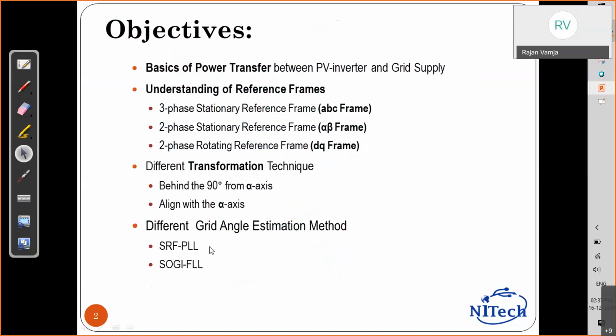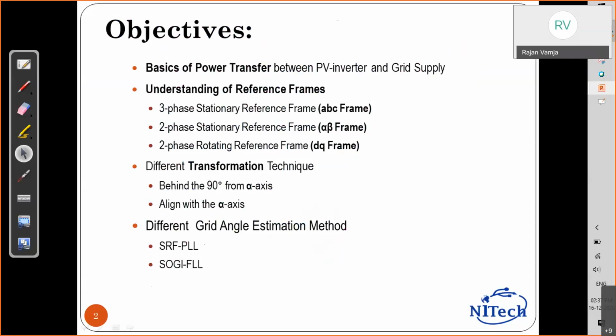There are many advanced techniques, but here we will demonstrate how we can implement powerful techniques like SRF PLL. It is a very generalized and very old technique. How can we implement it in the control? Generally, many people know the theory, but they face problems while implementing it. I will share that experience here with this PPT.